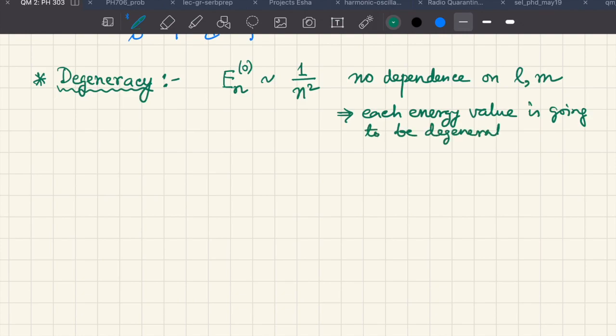And we already know this, but let us remind ourselves how we can quantify this degeneracy. I am not going into the detailed discussion.